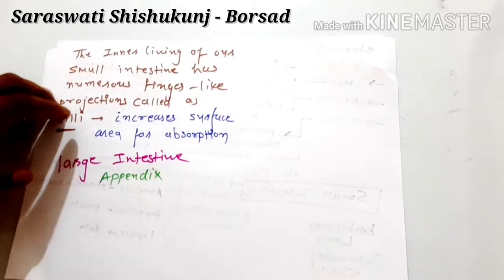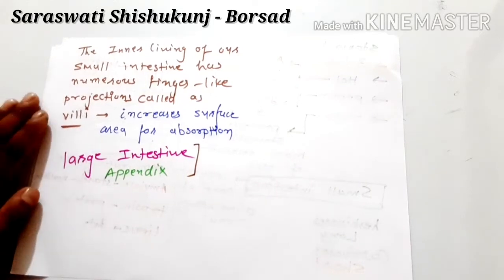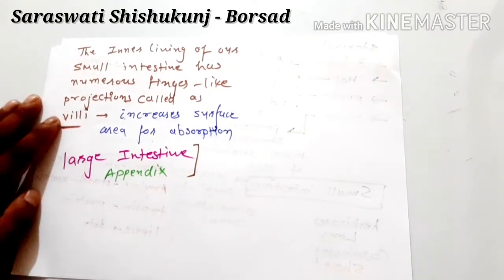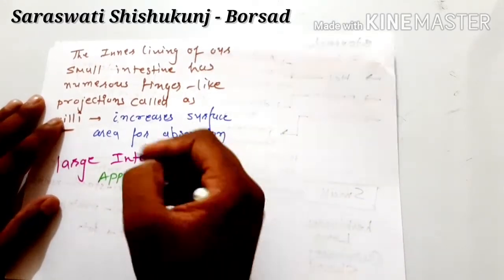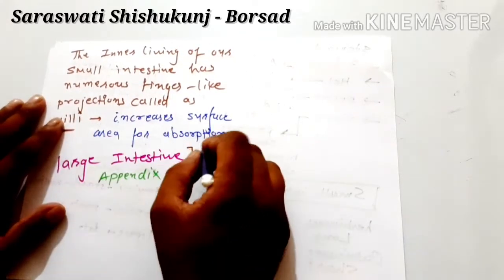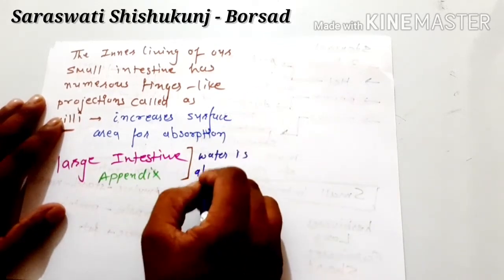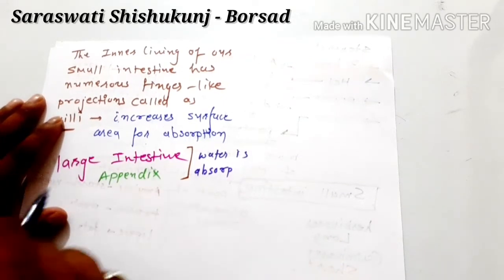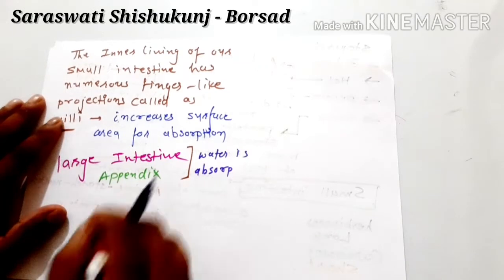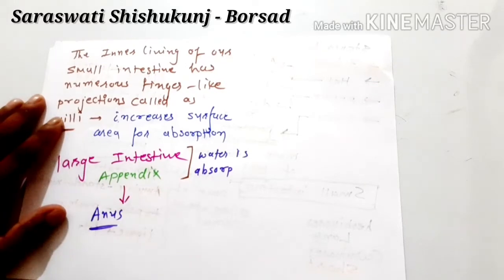In this large intestine, what happens? From the food which we get here in the large intestine, more water is removed, right? So from here the food will try to become anhydrous. Water is absorbed again, so water is absorbed in the large intestine, and it is sent to the anus, and by the anus the food is thrown out, right?